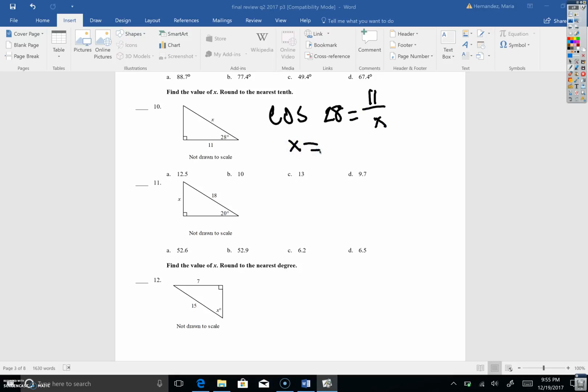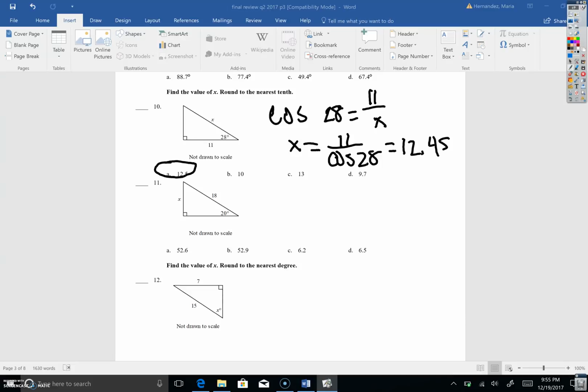So because x is on the bottom, we're going to flip-flop. Cosine 28. If we do that, we get 12.5. We have 12.45. That's closest to 12.5.